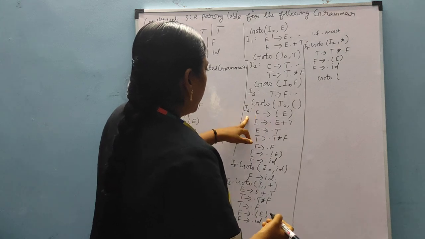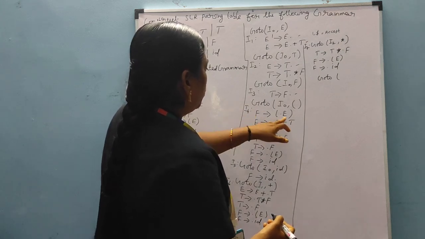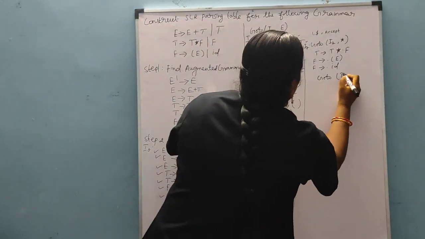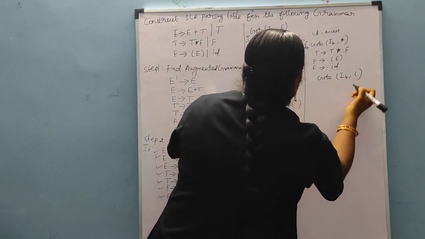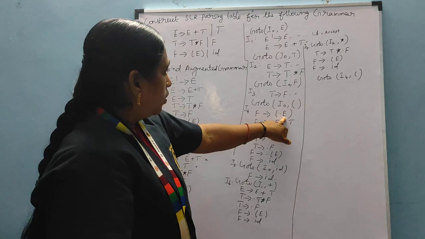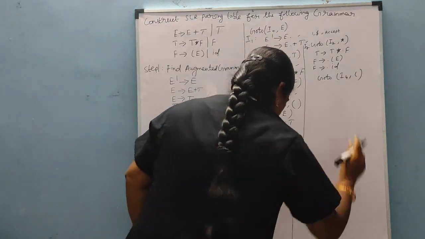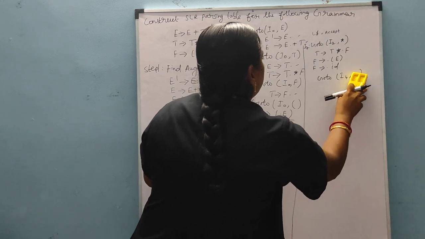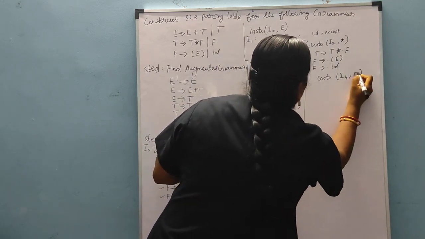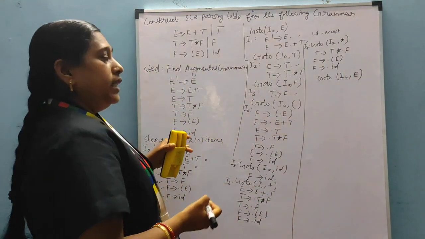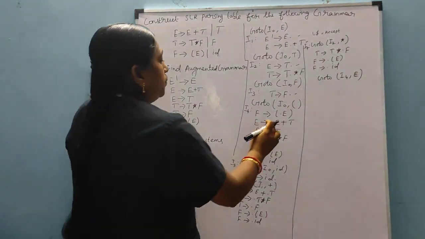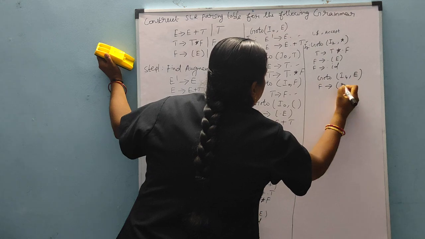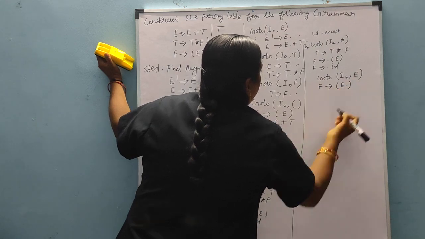Now come for the I4 state. I4 state, first one non-terminal E. So go to I4 comma E. You can take F tends to open bracket E dot close bracket.